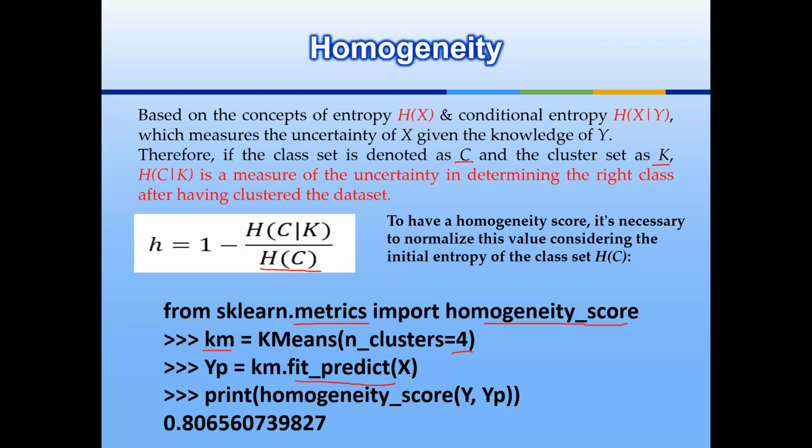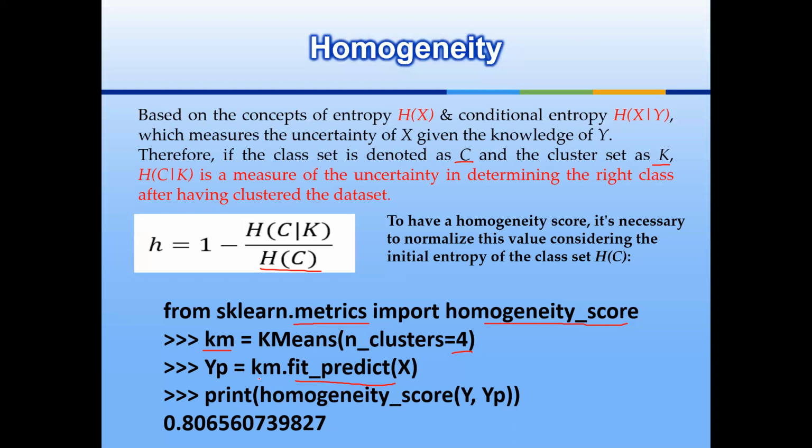This function we also discussed in the k-means algorithm in the lab session. This predict function will identify the cluster label for the set of records in the X data set. You also know the actual Y of the data set, and YP will be the predicted cluster label.